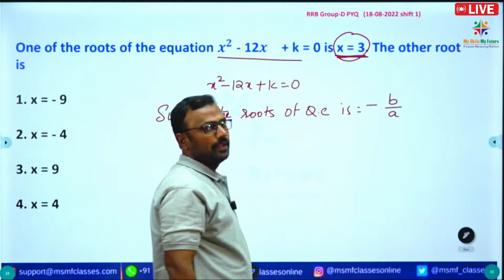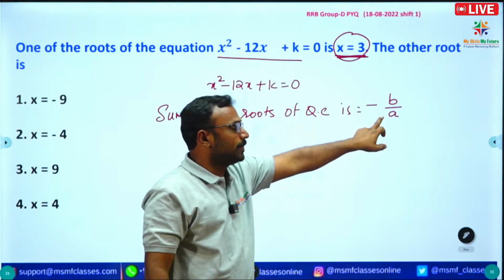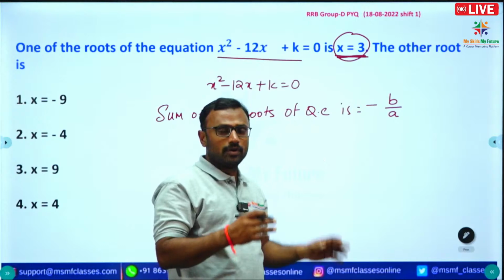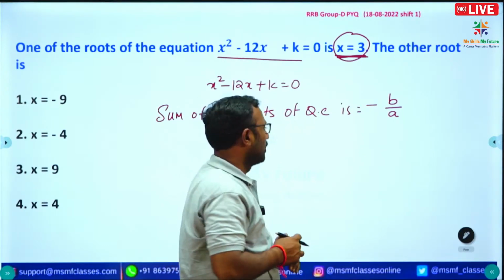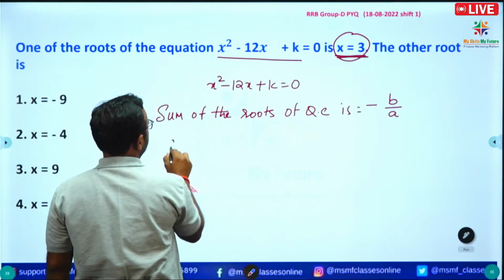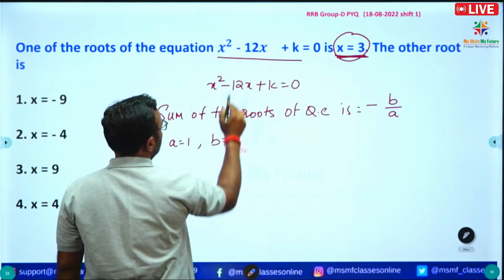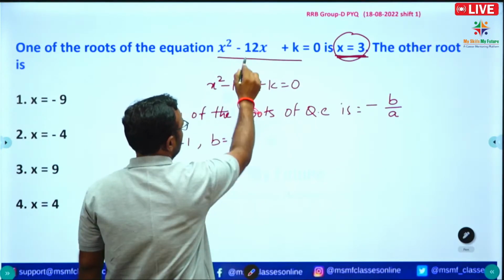By using this, we can find the sum of the roots. They asked one question on this concept in the previous paper. Here a equals 1, the coefficient of x square, and b equals the coefficient of x, minus 12.